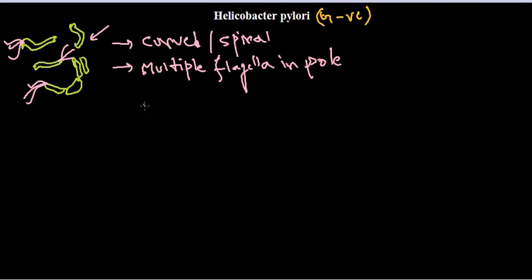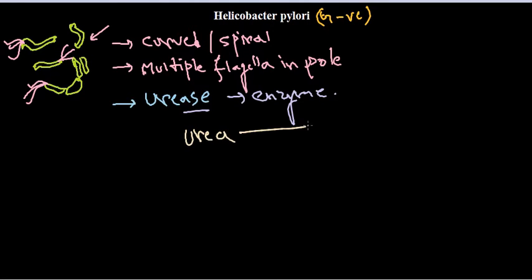But the most important and significant part about Helicobacter pylori is that they can produce urease, which is an enzyme, right? Because it has an 'ase', it's an enzyme. Now this enzyme has the property to convert urea into ammonia, right?